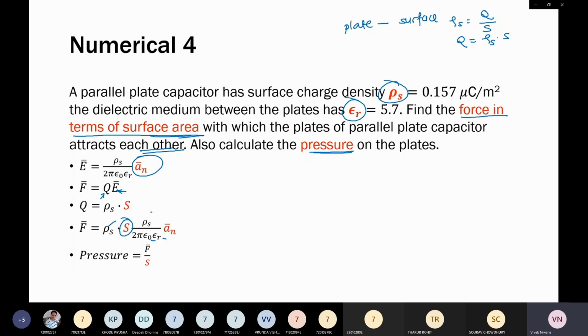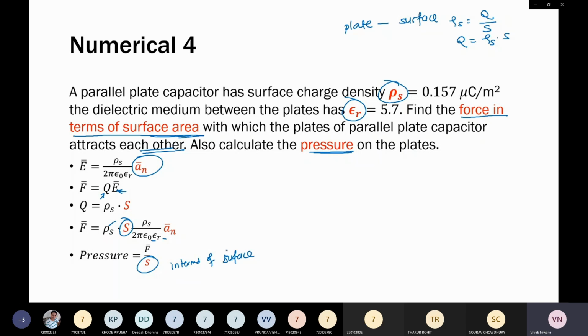We will calculate the rest of the terms. Then pressure is force observed per unit area, a simple definition. So whatever force you got, divided by S, that will be once again in terms of Newton, in terms of let us say surface.